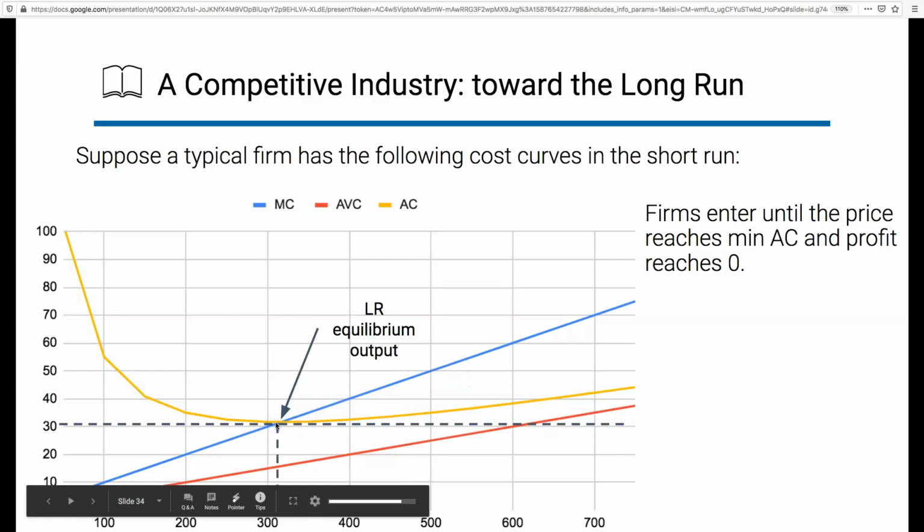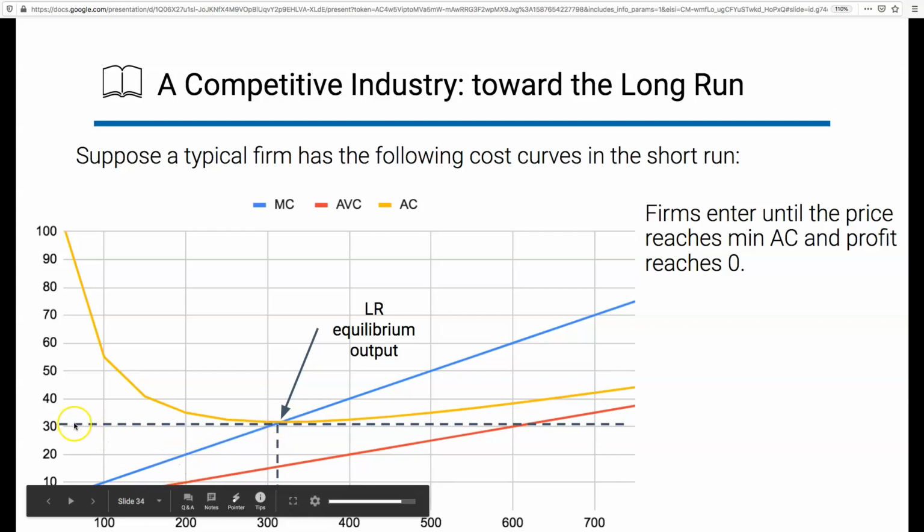And it just happens to be so conveniently, and I talked about it in one of the previous videos, that the minimum average cost occurs exactly at the intersection with the marginal cost. So the long run equilibrium point is in fact a point where three curves, not just two, intersect.